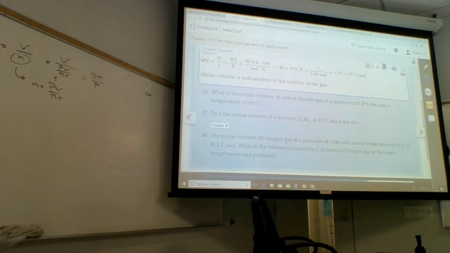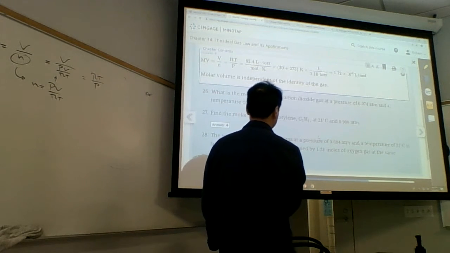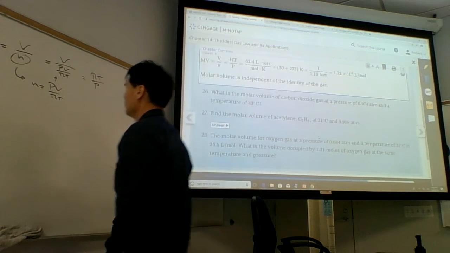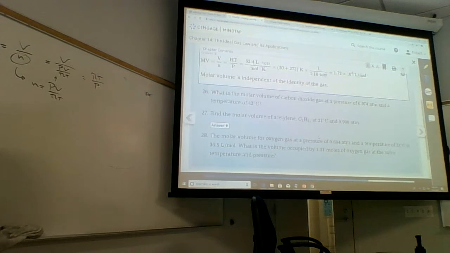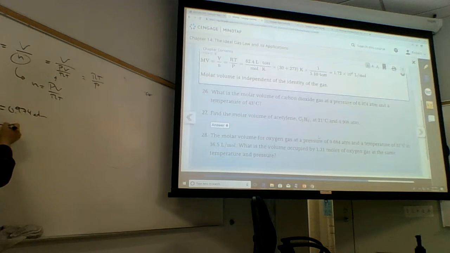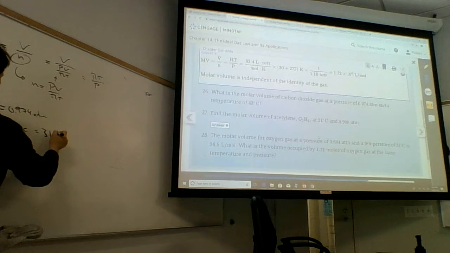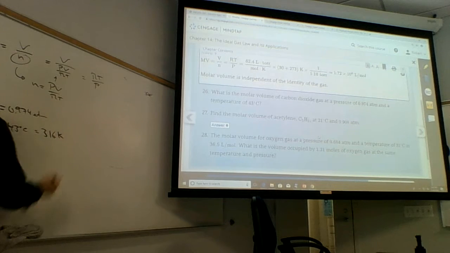What is the molar volume of carbon dioxide gas at a pressure of 0.974 atmospheres and temperature of 43 degrees C? We just have to convert that into Kelvin. The pressure is 0.974 atmospheres, which is slightly less than 1 atmosphere. The temperature is kind of high at 43 degrees C, which is plus 273, which would be 316 Kelvin.